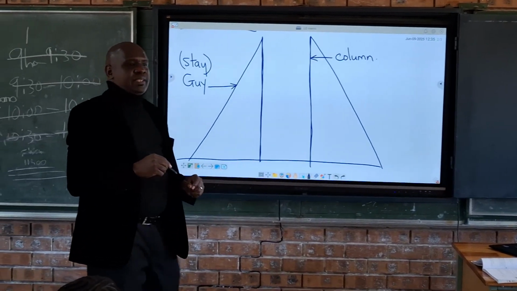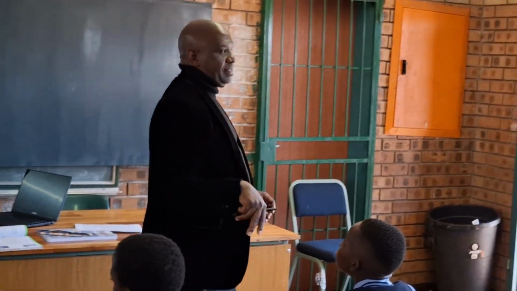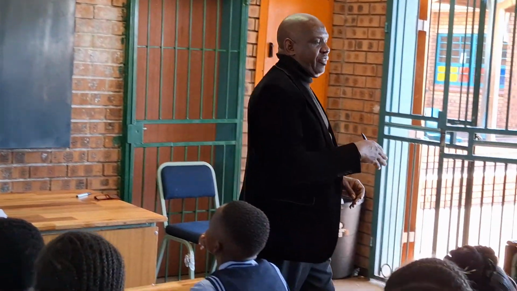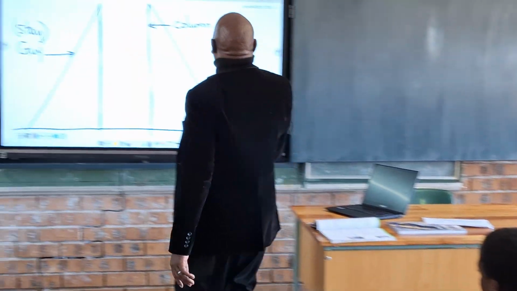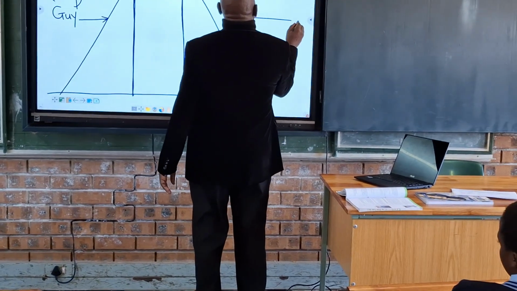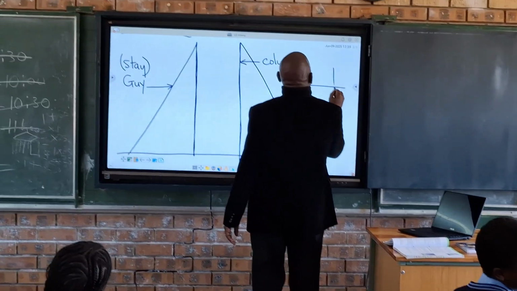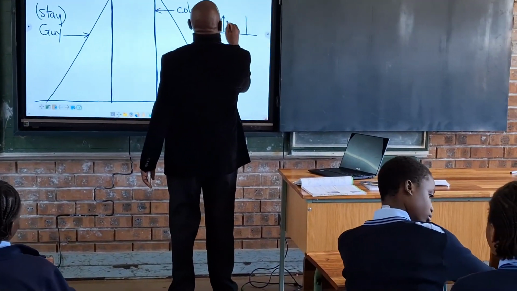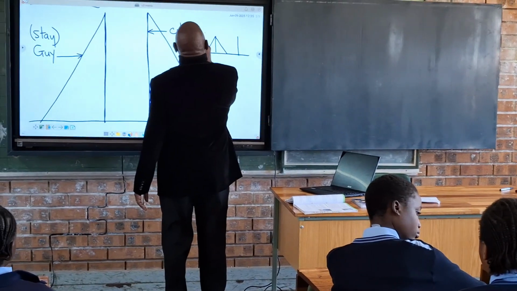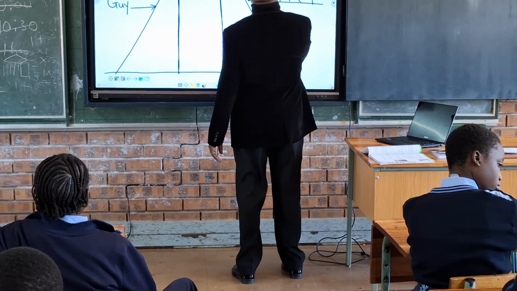Normally the word stay is applied when they are making a fence. If we are making a fence, you will see that at the corner post they put this one.